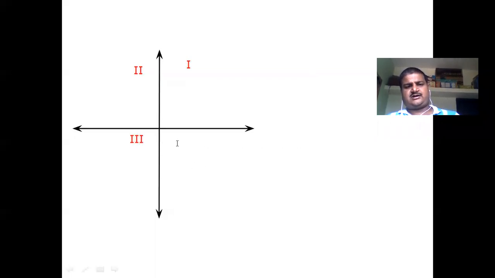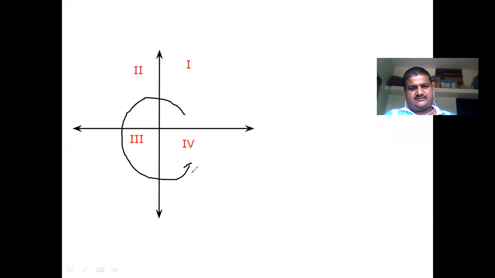And this 4th quadrant is exactly just below your quadrant number 1. It means we present this quadrant system in the anti-clockwise direction.